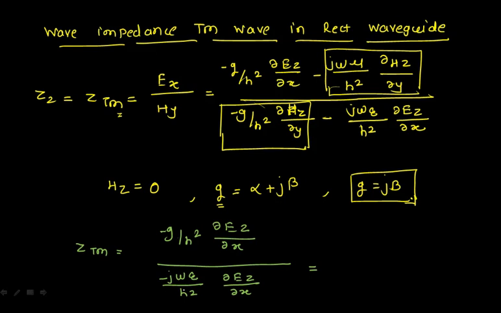So whatever is left is nothing but gamma by j omega epsilon. Now we know that gamma is nothing but j beta, divided by j omega epsilon. So I can again cancel out the j, and I'll get only this term, beta by omega epsilon. So I have got the equation ZTM is equal to beta by omega epsilon.